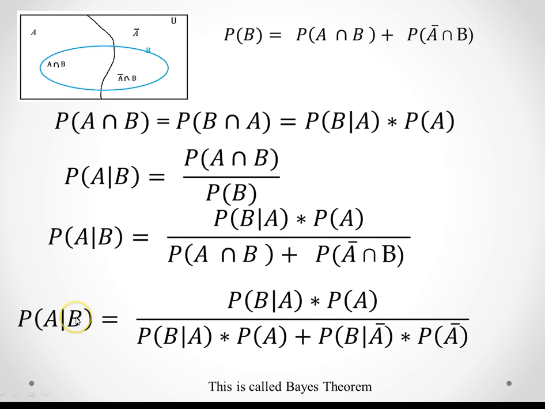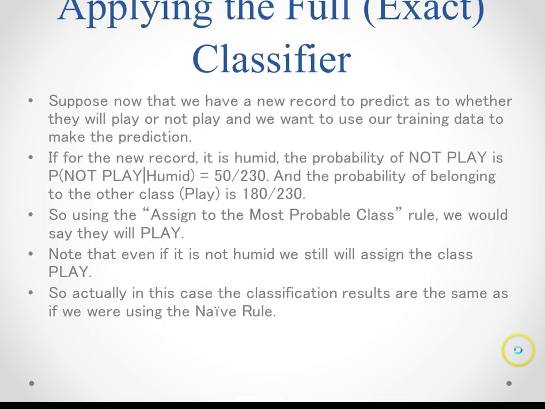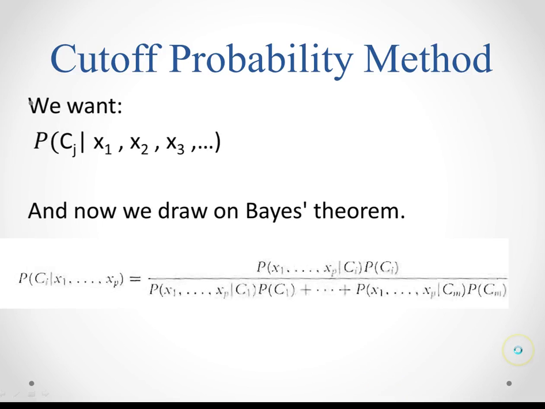Okay, the probability of A given B can be written as the probability of B given A, and so on like this. Okay. So, here is Bayes' theorem.